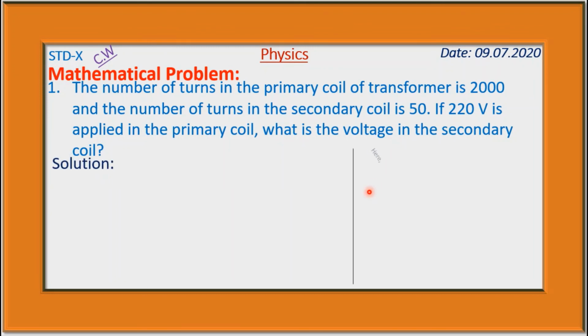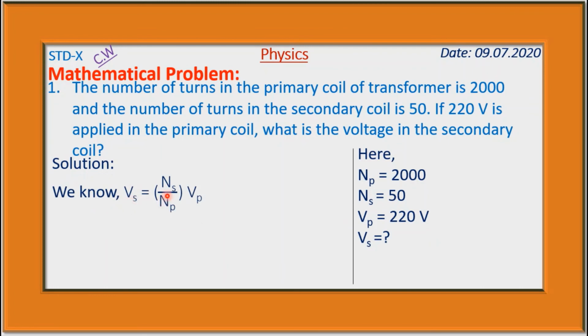Solution. Here the number of turns in the primary coil is 2000 and the number of turns in the secondary coil is 50, and the voltage applied in the primary coil, that is Vp, is 220 volt, and Vs is equal to what? We know Vs is equal to Ns by Np into Vp.